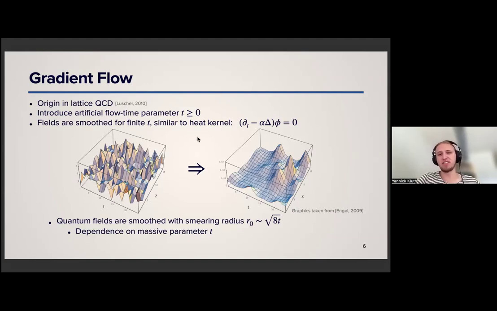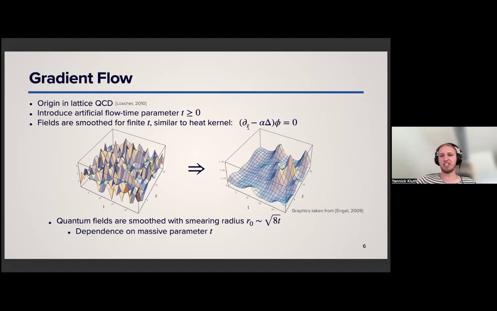You can also see the mass dimension of this flow time parameter from this heat kernel-like diffusion equation, where delta is some sort of Laplacian, alpha is just a parameter, and t is in the derivative. So this tells us that t has mass dimension -2. And this already tells us that this gradient flow naturally has some sort of mass dependence or scale dependence that we don't really have in minimal subtraction, for example.